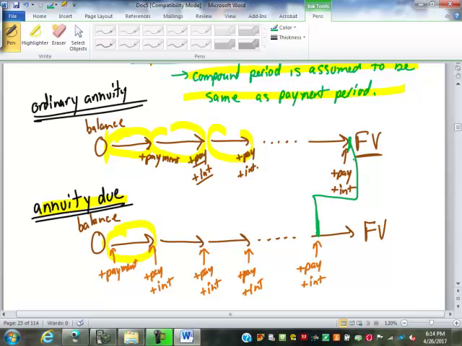So what happens with an annuity due is you get plus interest for one more period. So the same interest rate, same number of periods, same payment, an annuity due will have a slightly larger future value because you're making the payments at the beginning of the period, so you get one more period's worth of interest at the very end.